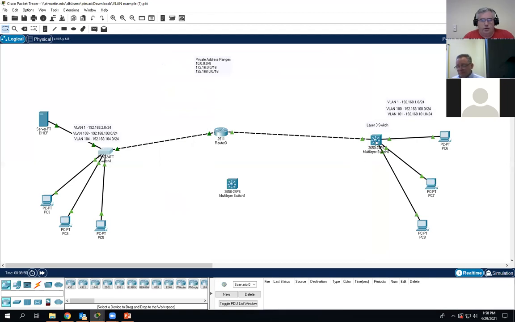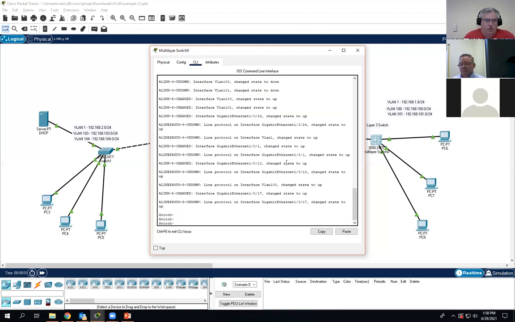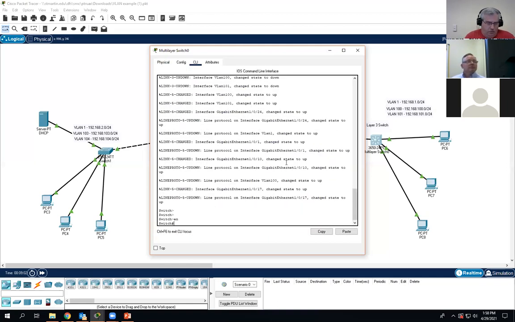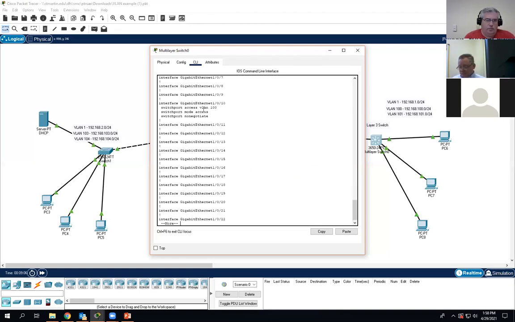And then I'll just show you this real quick. The difference is, the interfaces are set up the same way with the switchport mode access and switchport access vlan.